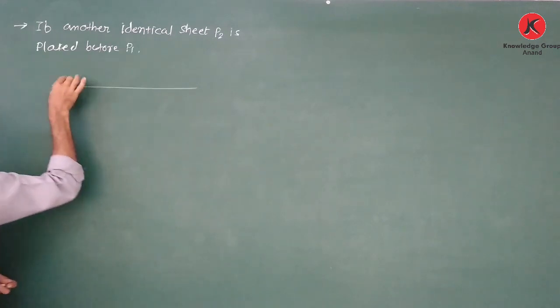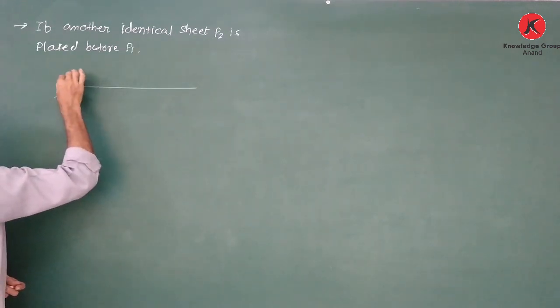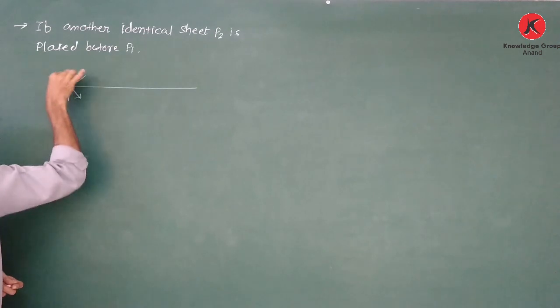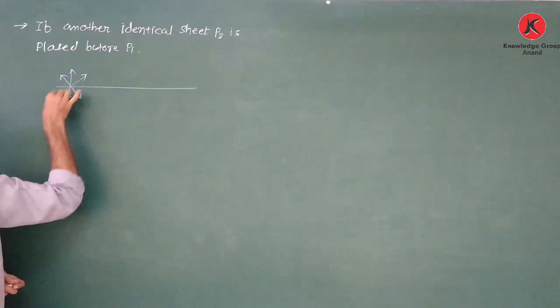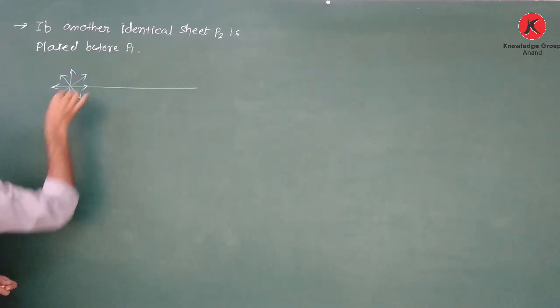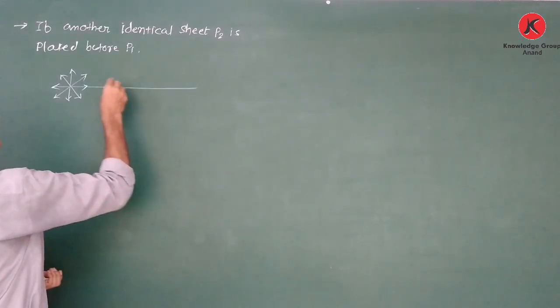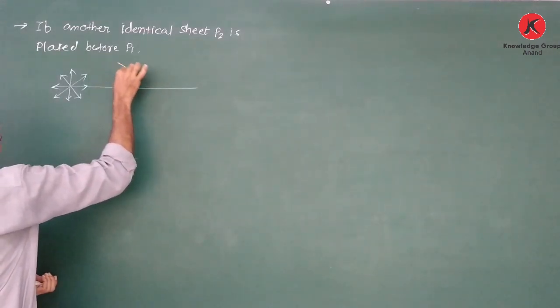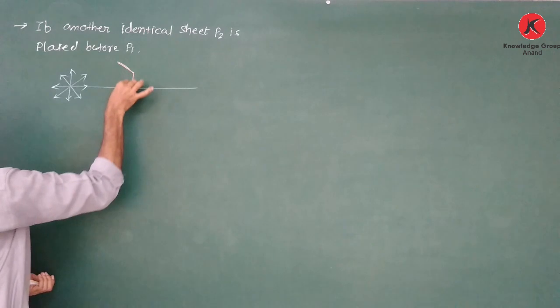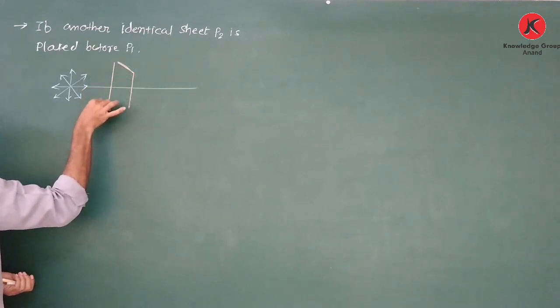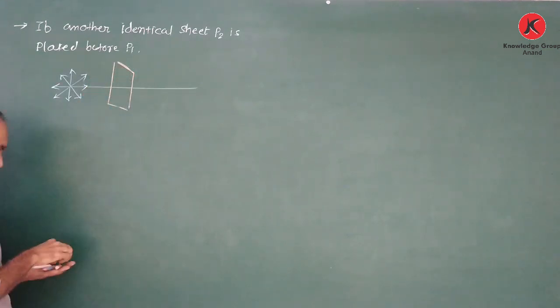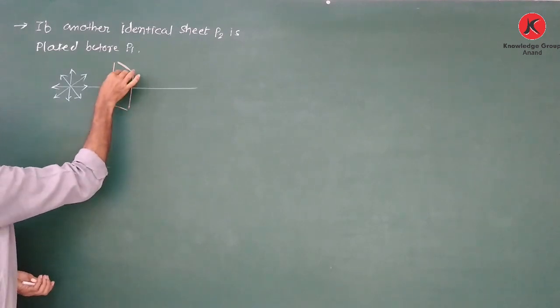Now there is the unpolarized light, so electric field vectors oscillating in all directions. There is the sheet P2, with its axis.